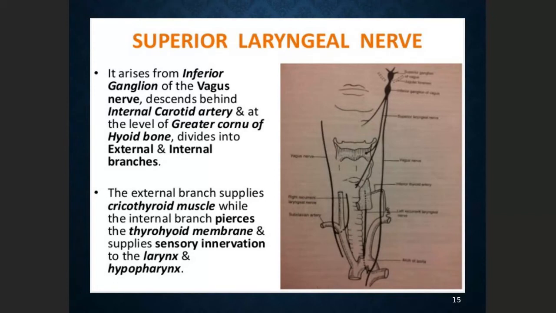The father of the external and internal is the superior laryngeal nerve, and the father of the superior laryngeal nerve is the vagus nerve. The external supplies the cricothyroid. The internal supplies the larynx by sensory innervation, sensation. Clear, doctor. Thank you. That's good, okay.